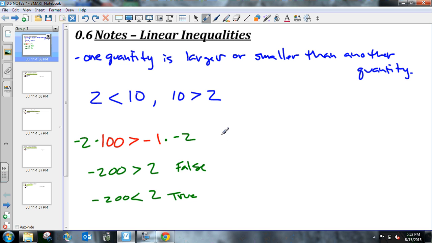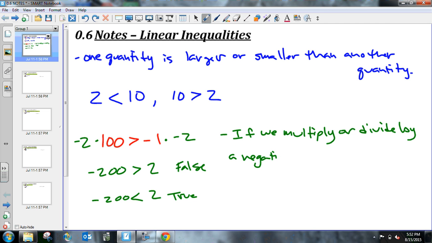So what we want to say here is that if we multiply or divide by a negative number, then we must reverse the inequality symbol.